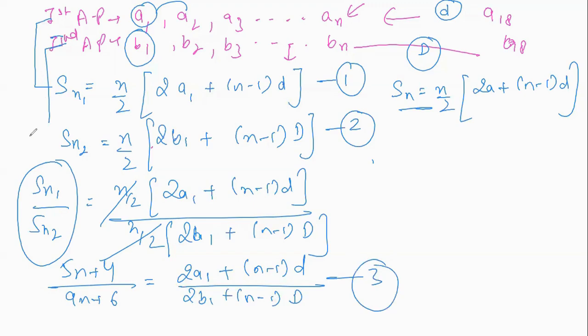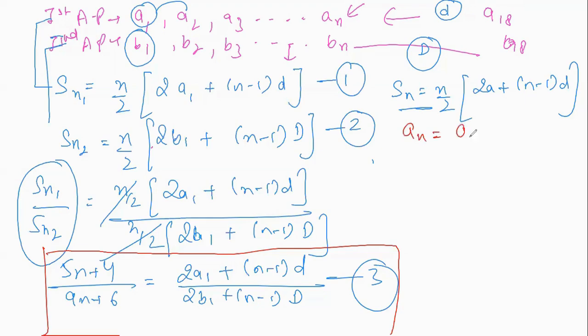Now we finally reach what is given in the question. They are asking you for A18 by B18. Whenever we are talking about a particular term, we use the general formula of the nth term of an AP, which is An equals A plus (n minus 1) times d. As they are talking about the 18th term, for the first AP, where the first term is A1, A18 is A1 plus (18 minus 1) d, so 18 minus 1 is 17d.